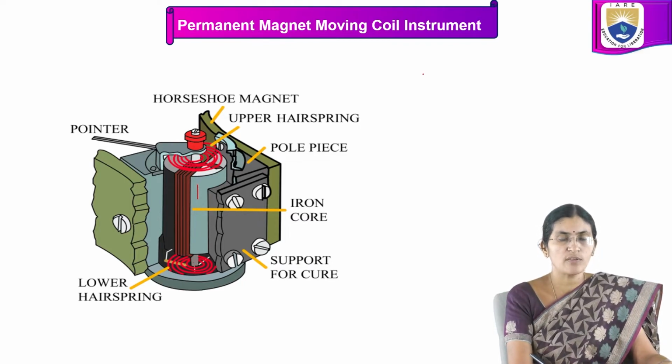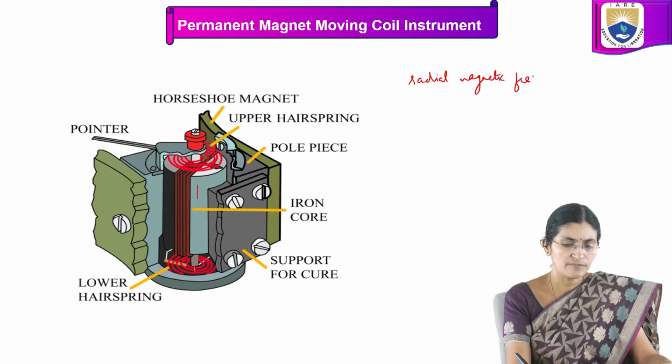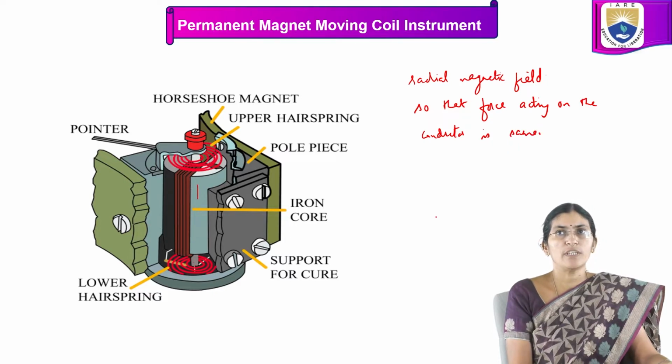The next one is soft iron core. As you can see, this soft iron core provides a radial magnetic field so that the force acting on the conductor is the same at every point.